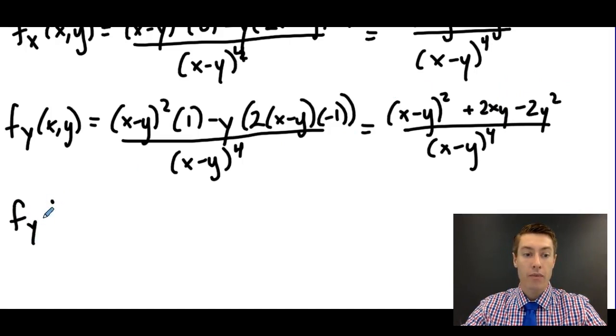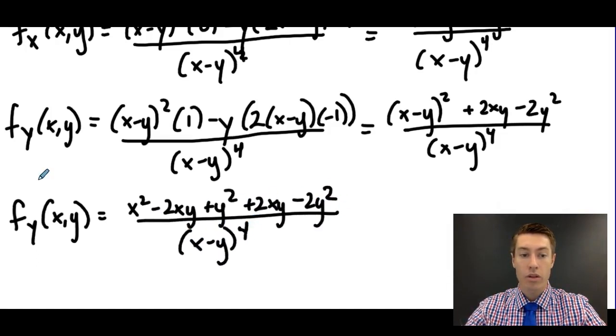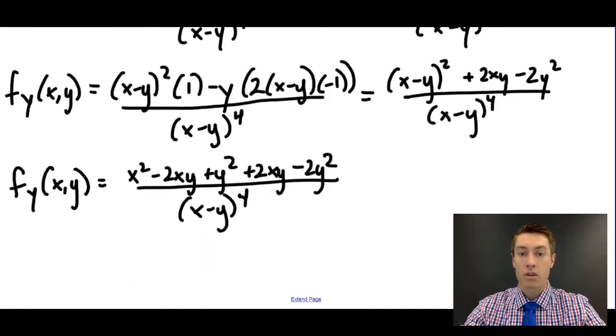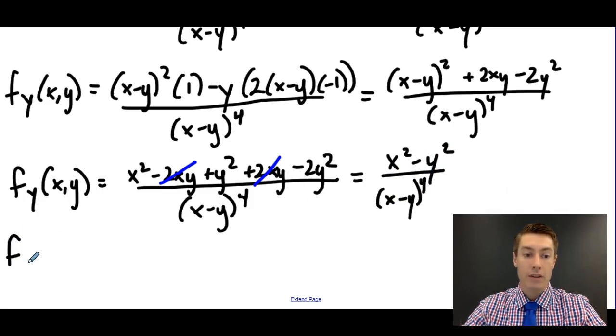So partial of f with respect to y is x squared minus 2xy plus y squared plus 2xy minus 2y squared over (x minus y) to the fourth. So simplifying here, we have x squared minus y squared over (x minus y) to the fourth, and we can keep going actually. Okay, so this problem actually works out nicely as far as our simplification goes, right?